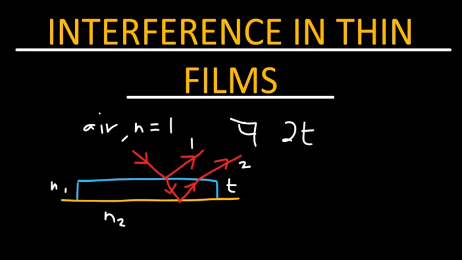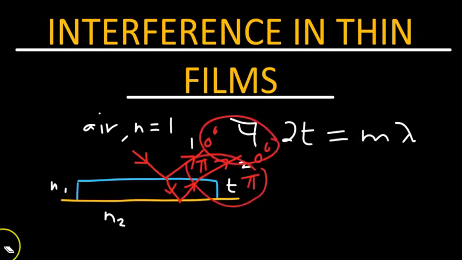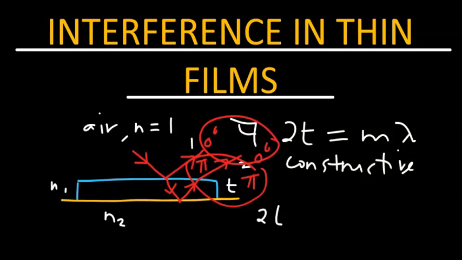Let's assume ray 1 has 0 shift and ray 2 has 0 shift. Or ray 1 has half a cycle shift and ray 2 has half a cycle shift upon reflection. Then this condition that we have written here is the condition for constructive interference, and destructive interference is given by that condition.